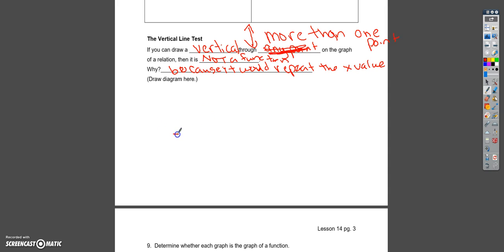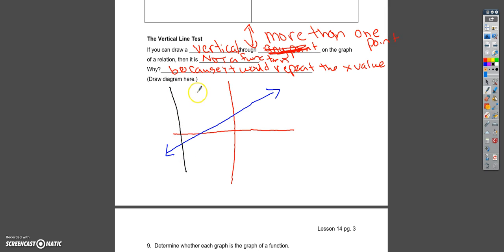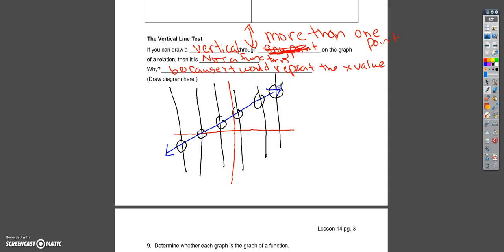For example, here is my coordinate plane. Here is my function on the graph. If I were to take vertical lines and go down through here, see how it touches once here, once here, once here, once here. This is a function. Anywhere I put that vertical line, it's just going to hit once.